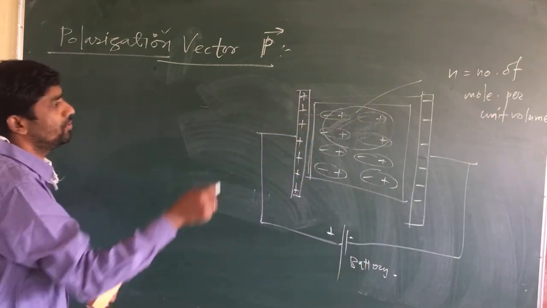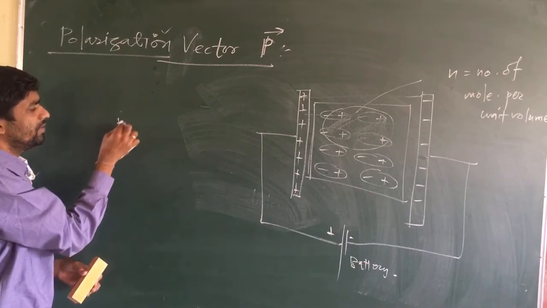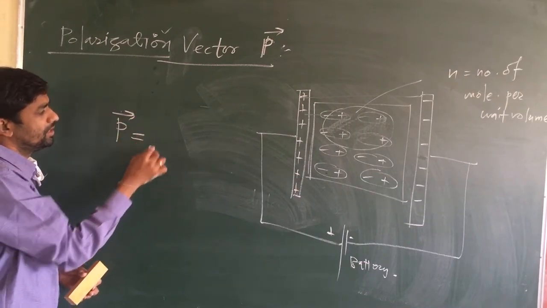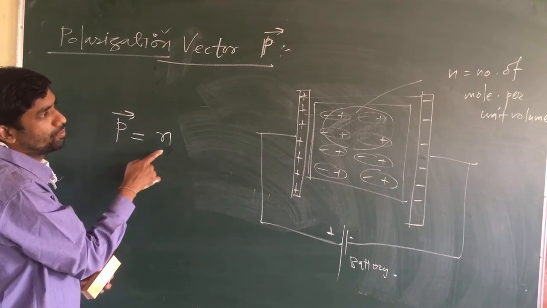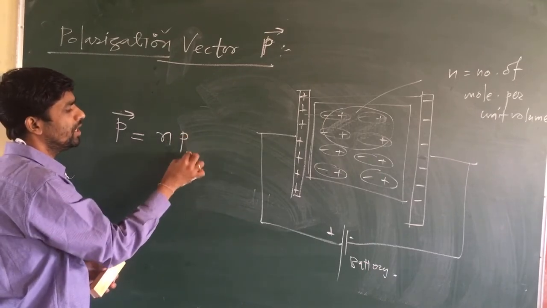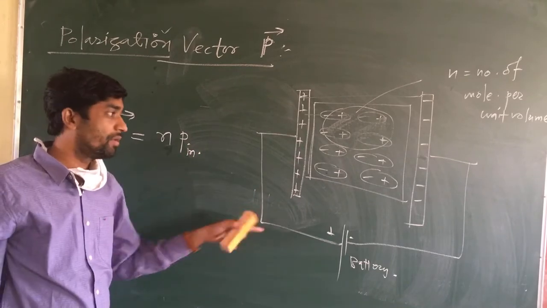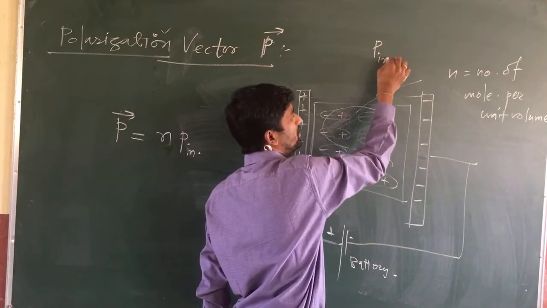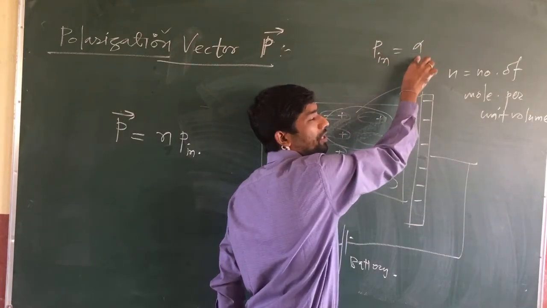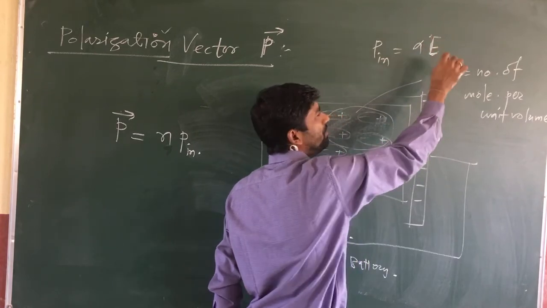To obtain the polarization vector, it is the n number of molecules per unit volume times the induced dipole moment, which you learned in the previous portion. Induced dipole moment is the polarizability constant times the external electric field.